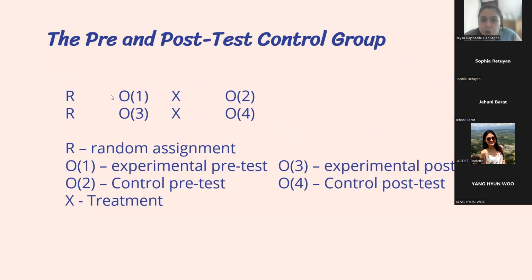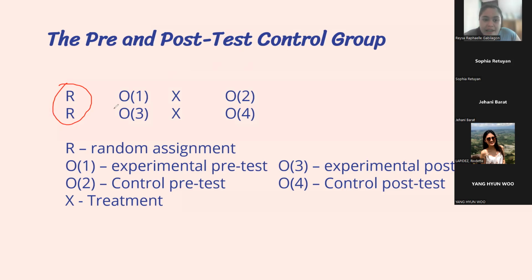Now, if we're going to look at the design, almost similar with the previous one, we also have two groups here, but ano yung nadagdag? There is randomization. Therefore, if we are going to assign our subjects, our participants to the groups, we will do randomization.